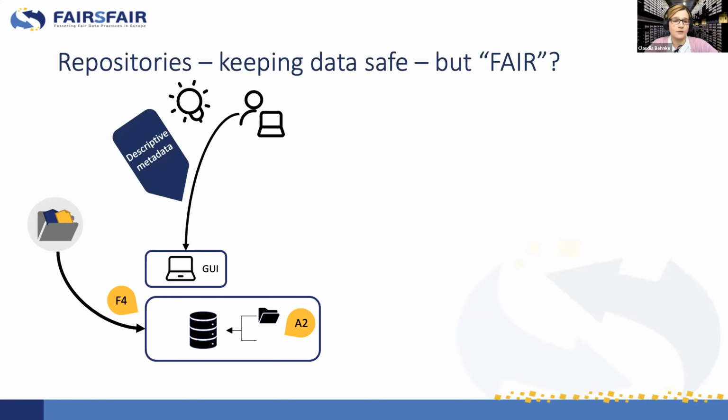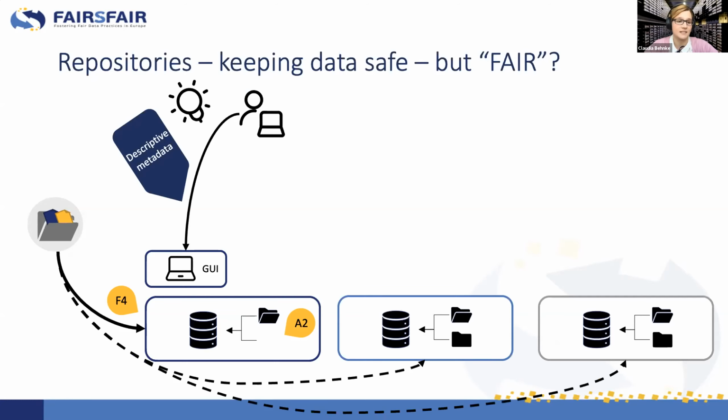But if we are not sure that this digital object is exactly in this repository, we might need to query not only one repository, but several ones. Then we get the additional caveat that the metadata in one repository may be exposed differently than in another.